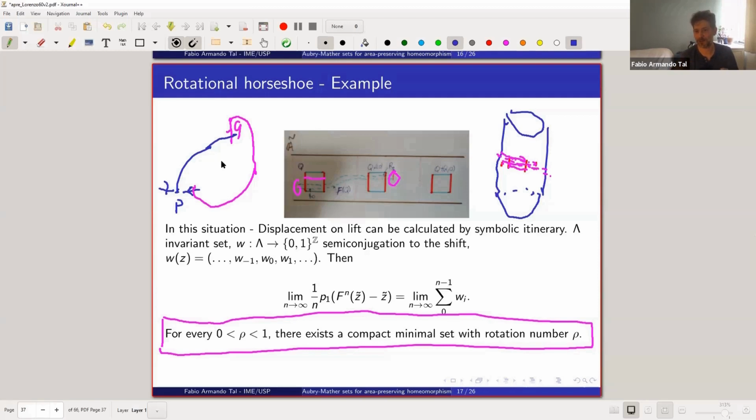Then you can find a horseshoe which looks exactly like the one I did here. P is a saddle point, Q is a saddle point, and they might be fixed points in the annulus, but when you lift them, one is a fixed point and the other is a point moving one to the right. Then you can find horseshoes like this.